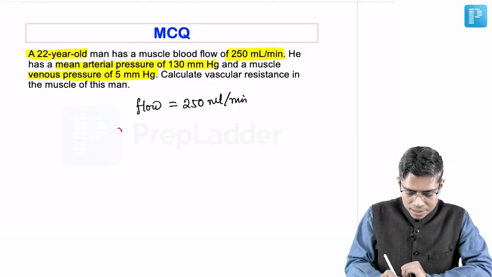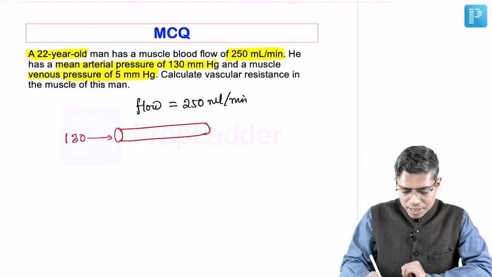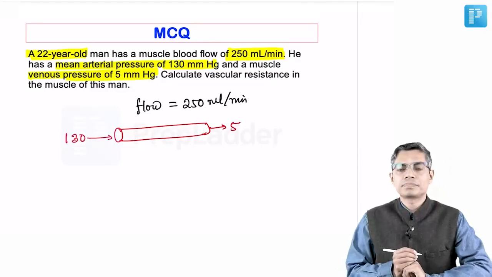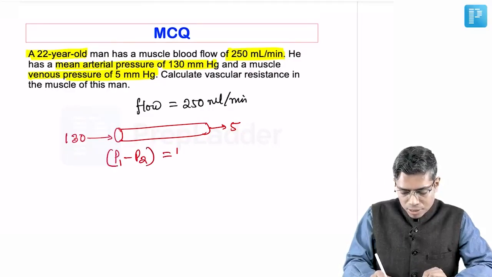Means the mean arterial pressure is pushing the blood through this vessel, which is 130, and the venous end pressure is 5. So obviously I can calculate the potential difference, that is P1 minus P2, which is 125 millimeter of mercury.